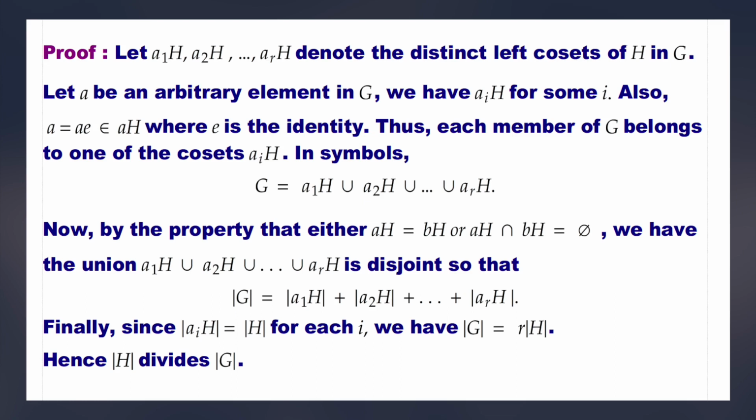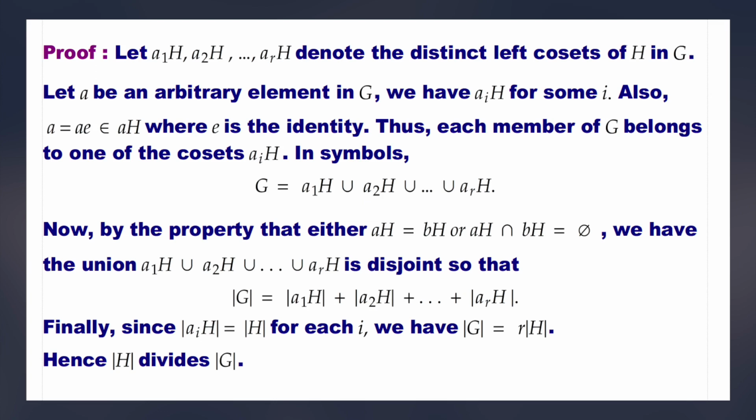Now, by the property that either AH is equal to BH or AH intersection BH is empty, the union A1H union A2H and so on union ARH is disjoint, so that the cardinality of G is equal to the cardinality of A1H plus the cardinality of A2H plus and so on plus the cardinality of ARH.